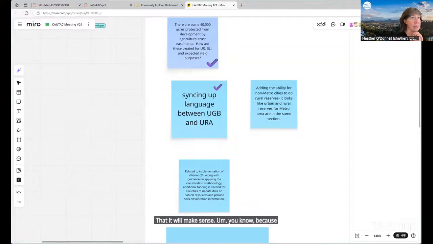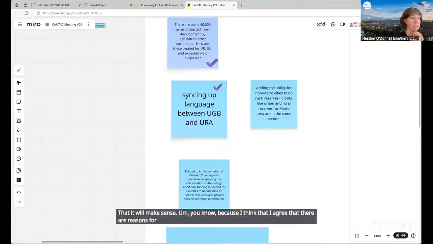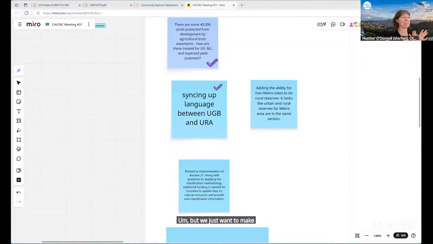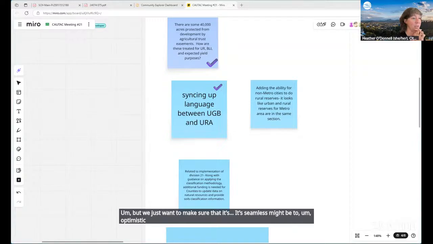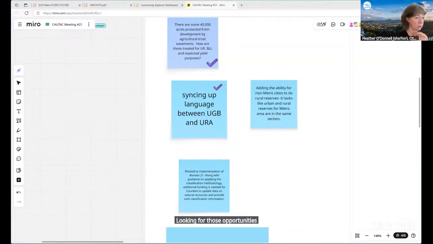Because I agree that there are reasons for the language to be a little bit different, because you're doing higher level analysis at urban reserves and then more refined analysis of a smaller area at expansion. But we just want to make sure that it's seamless, which might be too optimistic. So it's just more of a general note that as we're going through this, we're looking for those opportunities, which I think you're doing.